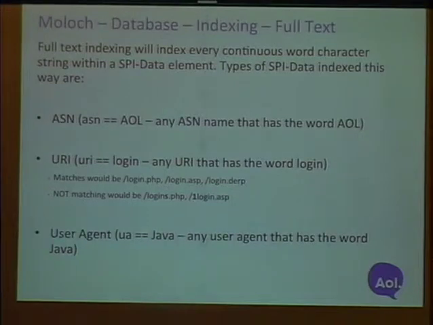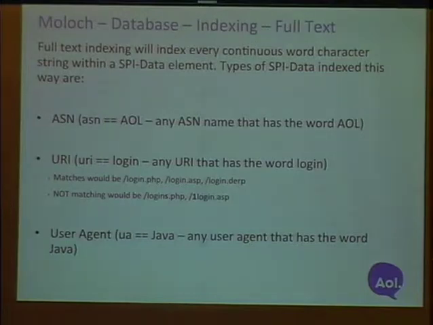And then some of the fields we actually do full text indexing with. That means you break them up where the non-word pieces are into word segments. We do that for the ASN, the URI, the user agent, and some of the new email stuff as well. That way you can match based on part of the string and not the whole string, and don't have to do the asterisk wildcard searching, which can be inefficient.